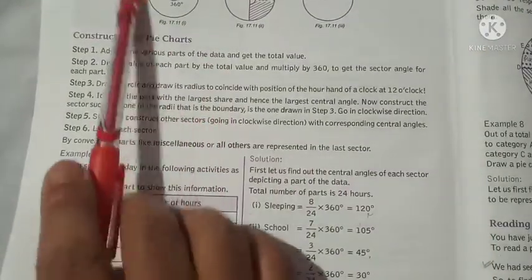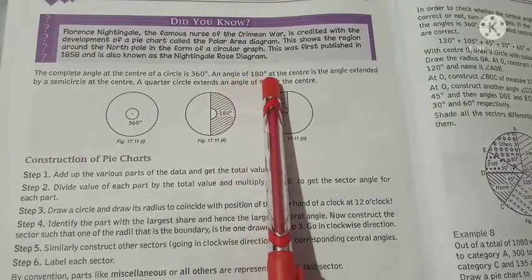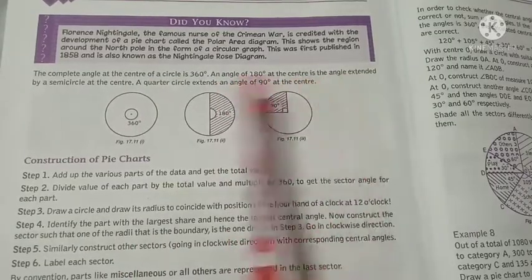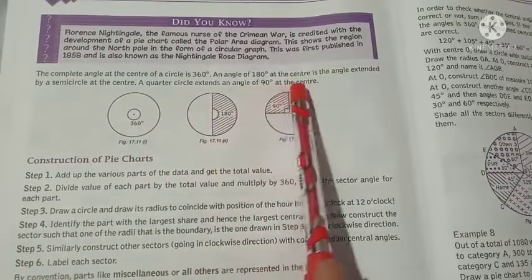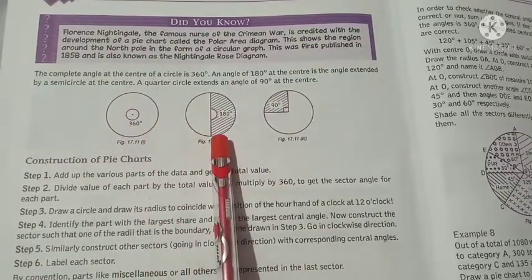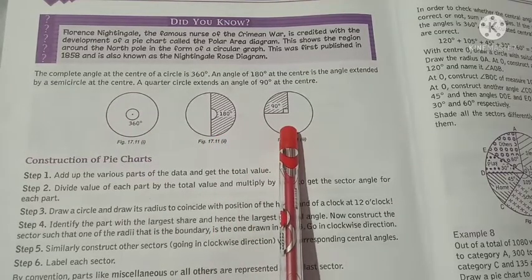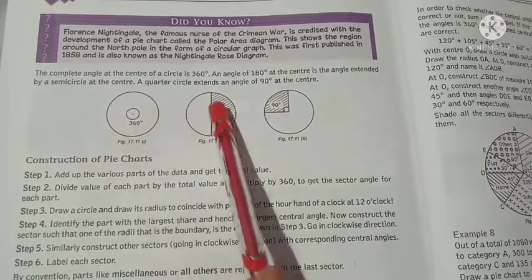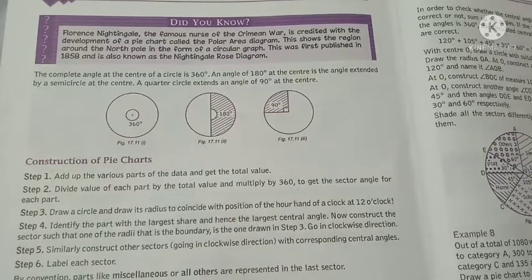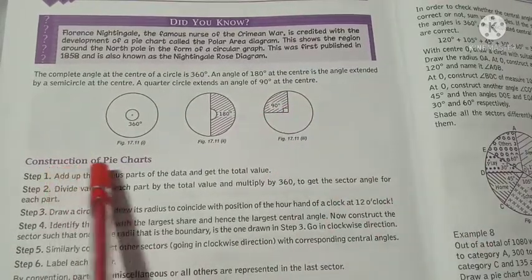See, a complete angle at the center of a circle is 360 degrees. An angle of 180 at the center is the angle extended by the semicircle. A quarter extends an angle of 90 degrees at the center. This is a complete angle. This is a semicircle. This is a quarter circle. These are all forms of sectors. In the sectors, we are going to put in this way. So the construction of pie chart.